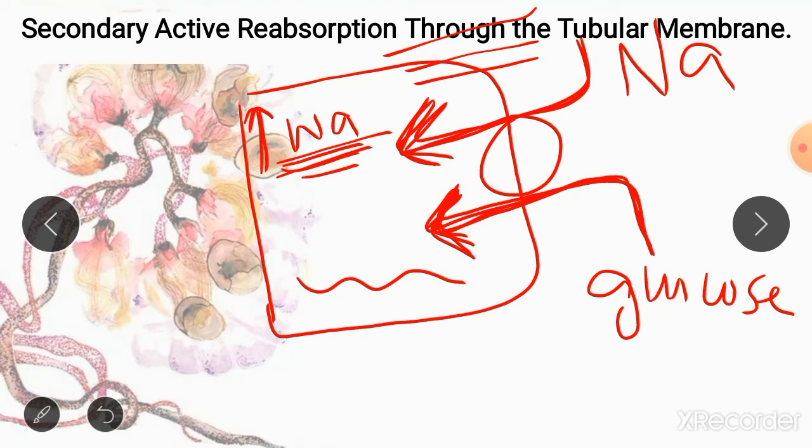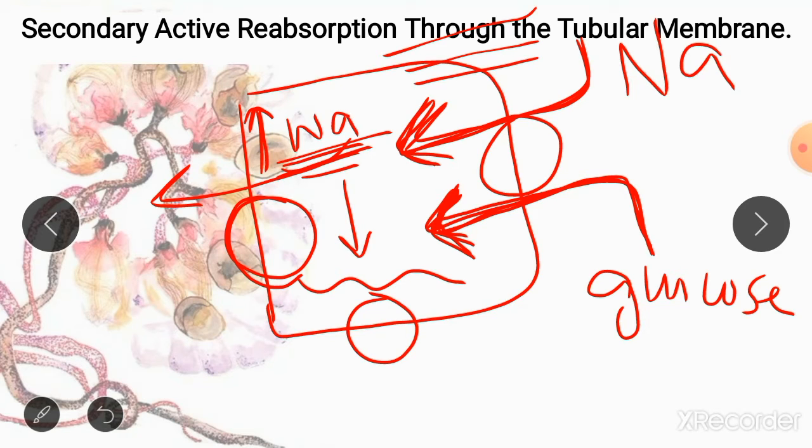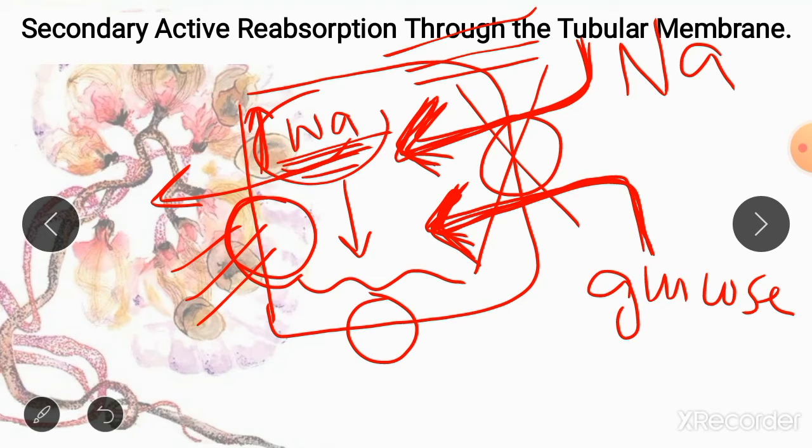So at this point, the sodium potassium ATPase pump, which is present at the basal and the lateral surfaces, is going to throw this sodium out so that the sodium concentration within the cell can be reduced and more sodium can enter into the cell and bring along glucose. So there is no direct breakdown of ATP, but in the background the energy is being provided by the sodium potassium ATPase pump in the form of sodium gradient.